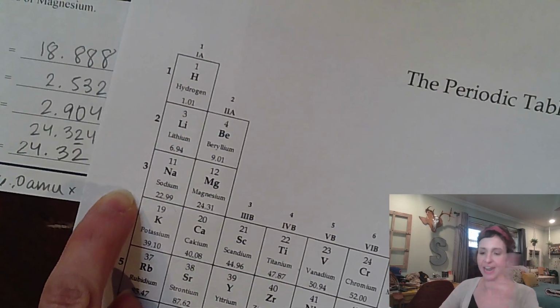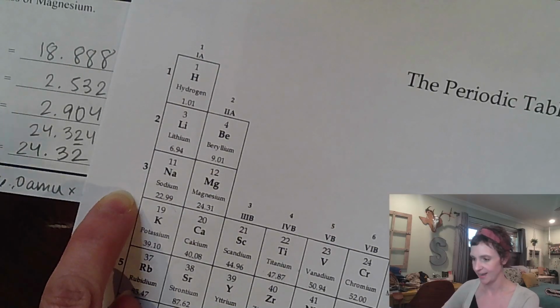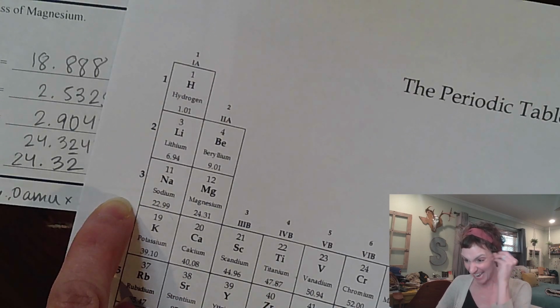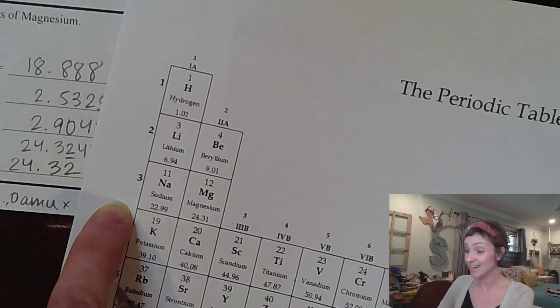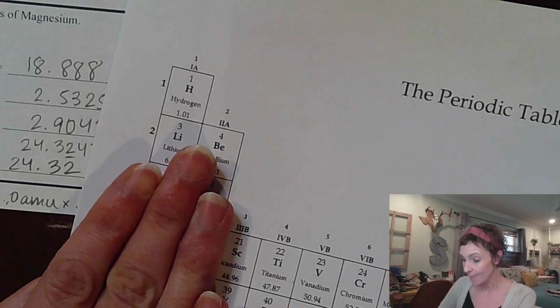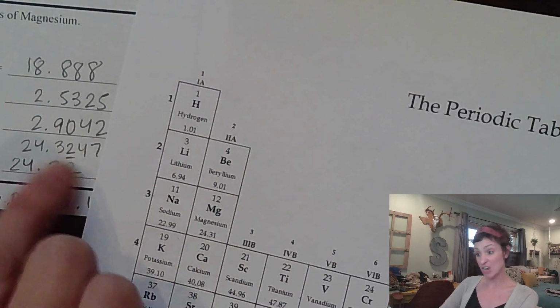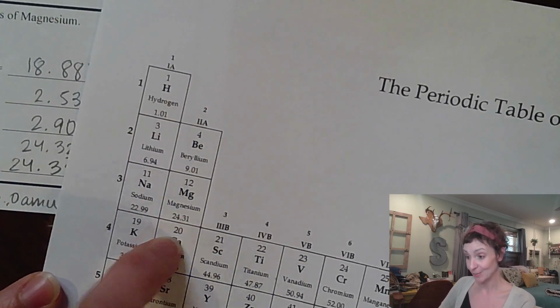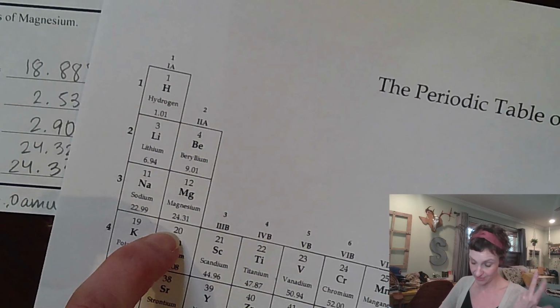There's potential for us to be off a little bit just because the person who has made these problems, myself, is not great at getting it exactly to match your number on your periodic table. But it is always great to check, because if you're getting something like 582 AMU, that is nowhere near close to what you should be getting here. And that is a great way for you to be red flagged to go back and check your work.